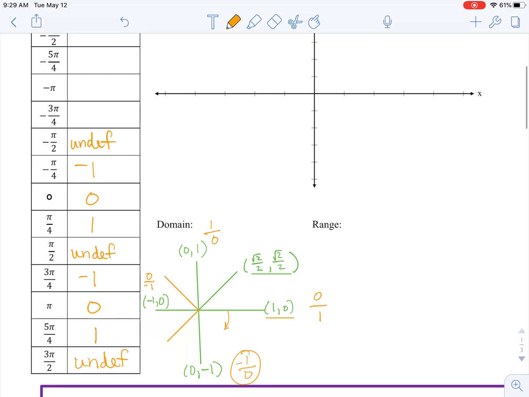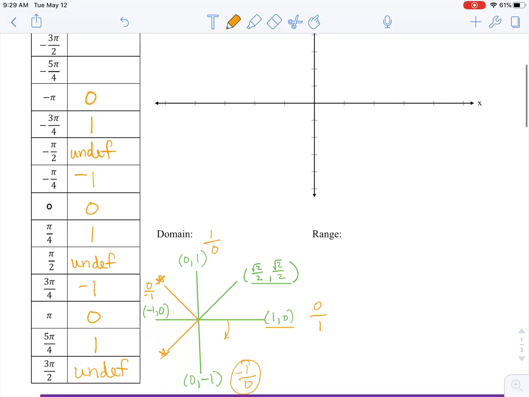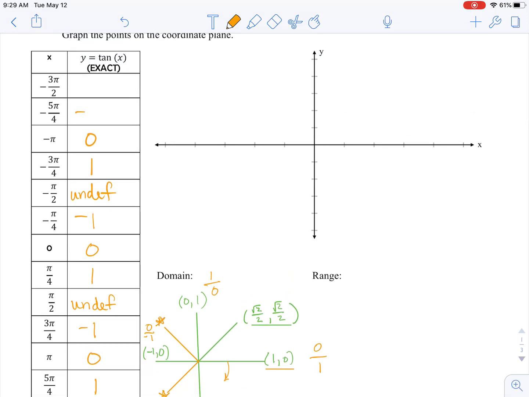Negative 3 pi over 4 is the same as our 5 pi over 4, and we noticed that that value was a positive 1. Negative pi is the same as pi, that'll be 0. Negative 5 pi over 4, we're back in quadrant 2, the 45-degree angle there, that's a negative 1. And negative 3 pi over 2, that would be back up at 90 degrees, and that value was undefined.